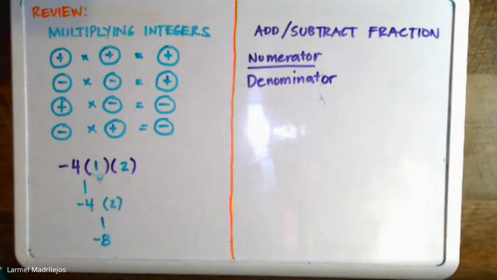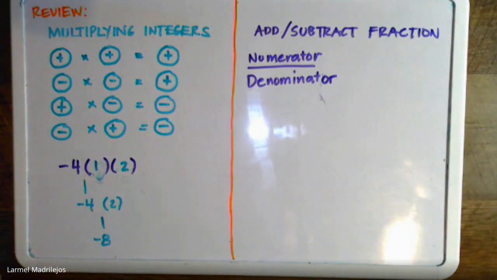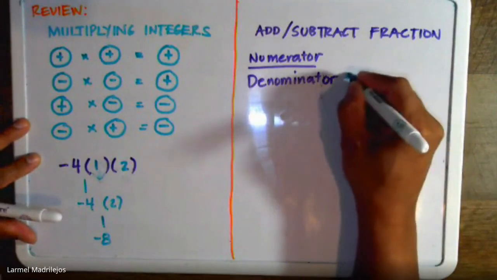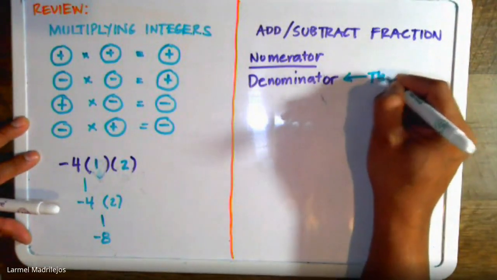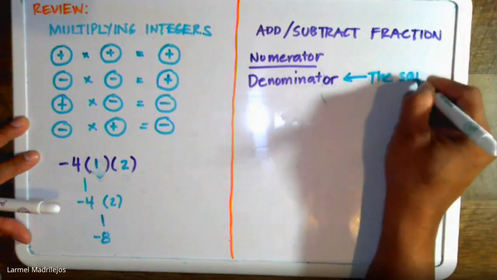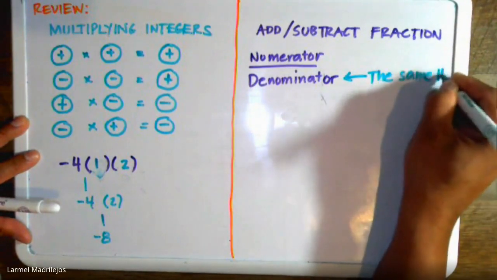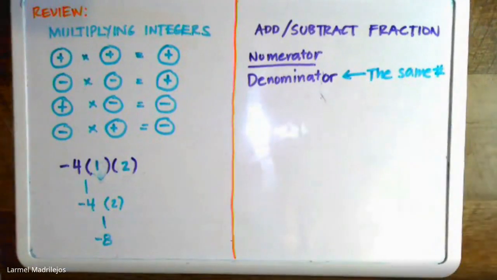For adding and subtracting fractions, it is imperative that the denominator is always the same number. The same number.